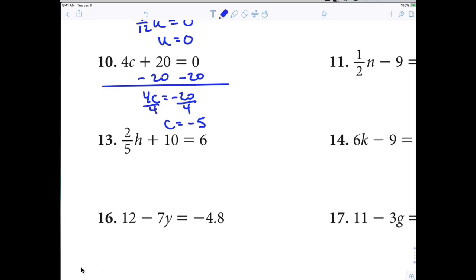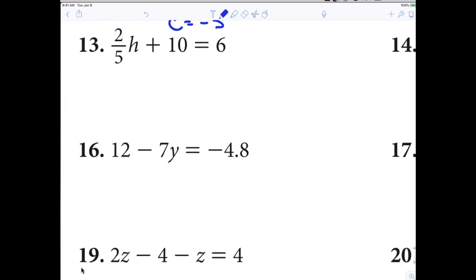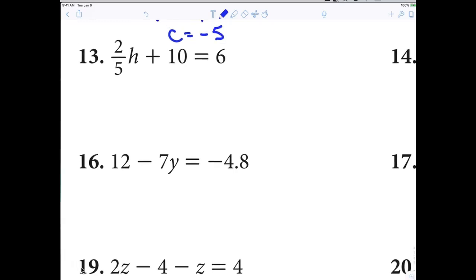All right, Diesel, what am I doing on 13? Hold on one second, though. Everybody should be almost done with 13 now. So you can tell whether or not you know what you're doing when Diesel tells you how to do the problem. Look at your paper. What are we doing, Diesel? I'm on number 13.